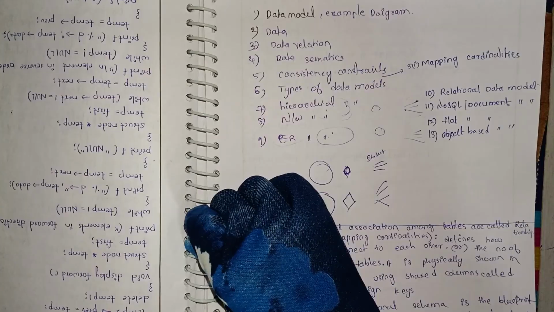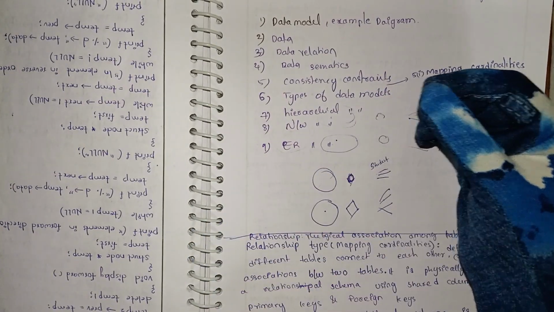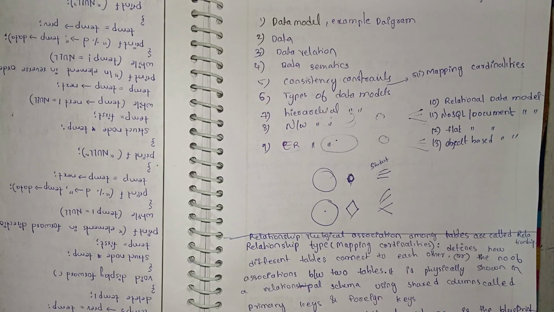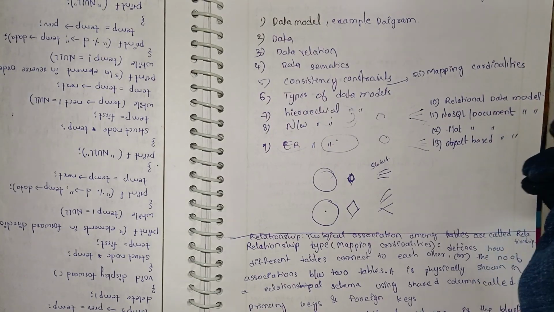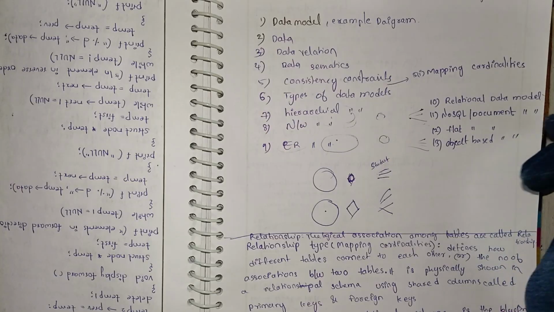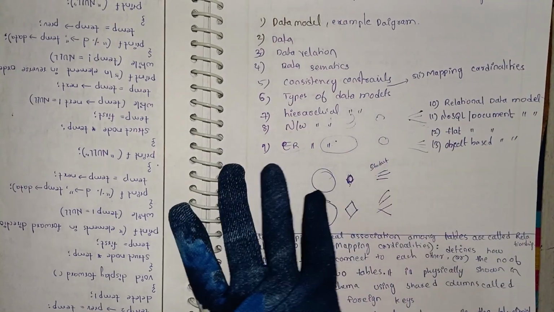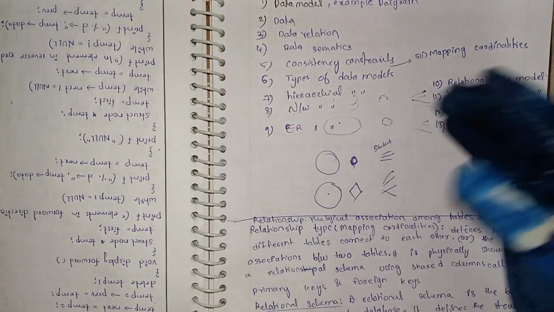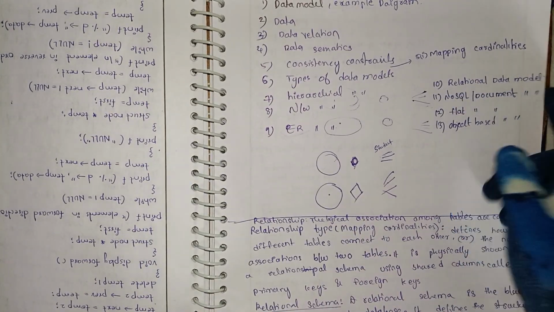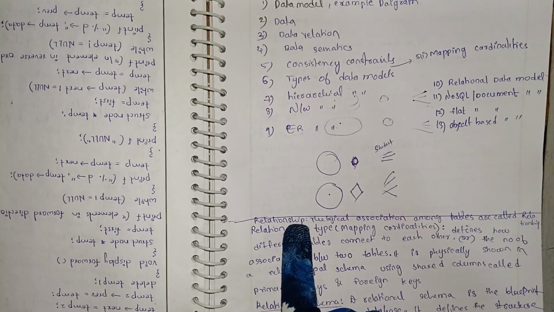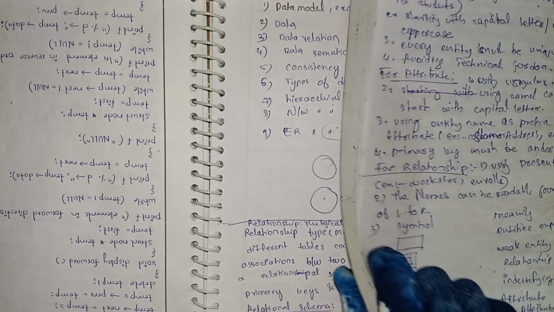They are almost the same, but due to the different model diagrams, we have to redefine the relationship types, meaning mapping cardinalities, in the relational data model. So in this class we will see what the relational data model is, its definition, and the relationship types, meaning mapping cardinalities.